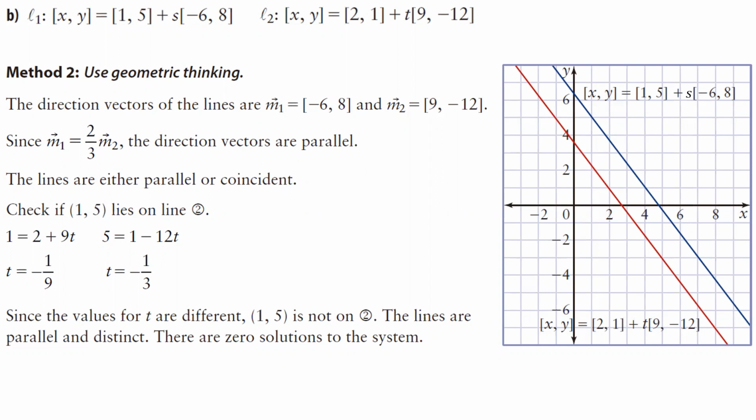Therefore, there is no single value for t that can satisfy both the x and y coordinates. That means there is no solution for this point on the equation for line L2. Since the values for t are different, 1, 5 is not on equation number 2. The lines must be parallel and distinct. Therefore, there are 0 solutions to the system.